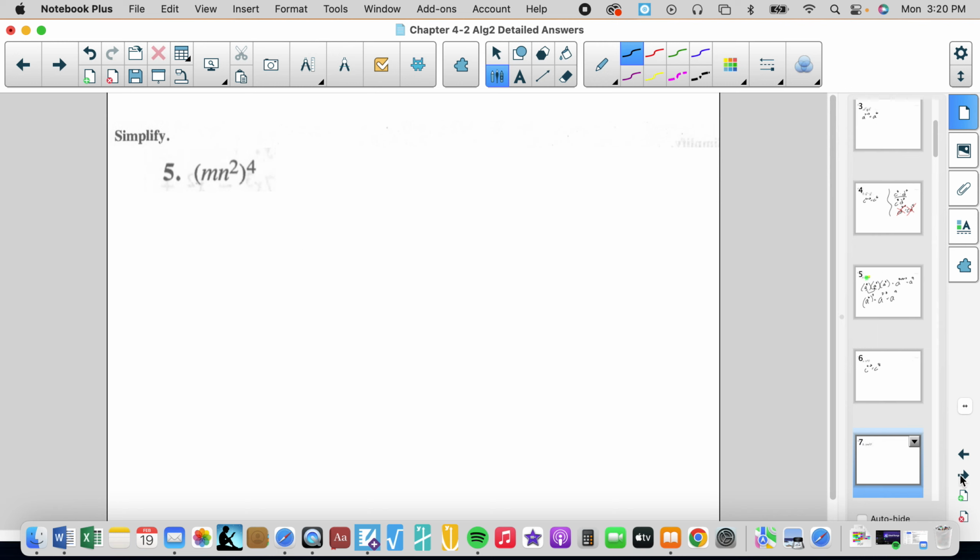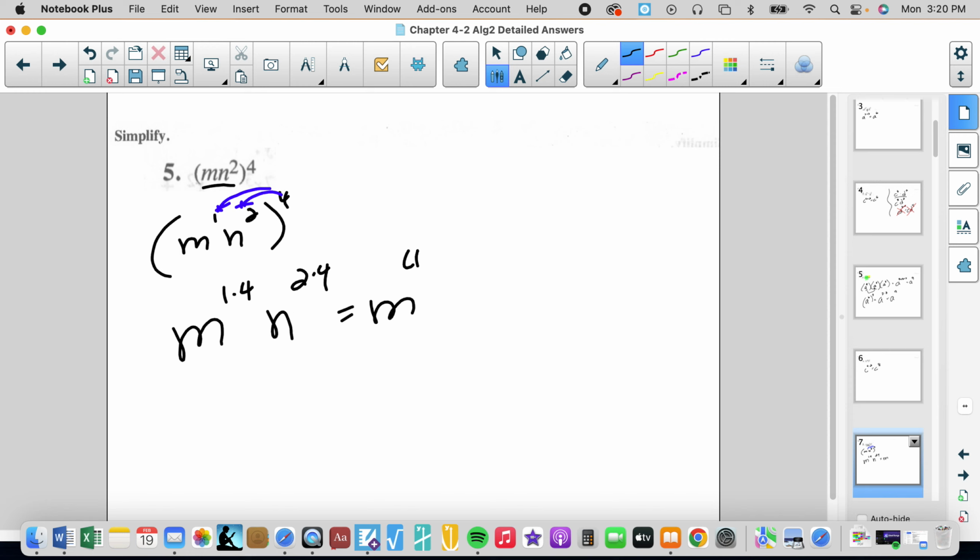We have again power of a power equals c to the 8th. We have a power of a power, but this time we have 2 things. We have m to the first, n to the second to the fourth. This is the other important difference, knowing that you can distribute across multiplication when we're talking about exponents. That's m to the first times 4, n to the second times 4, m to the fourth, n to the 8th.